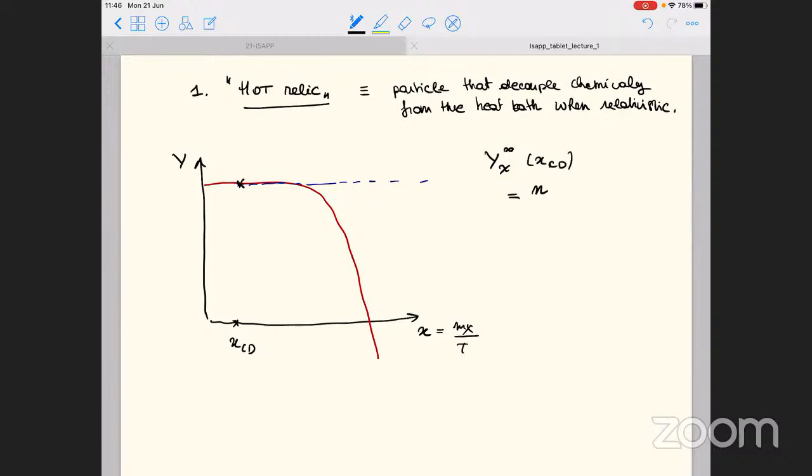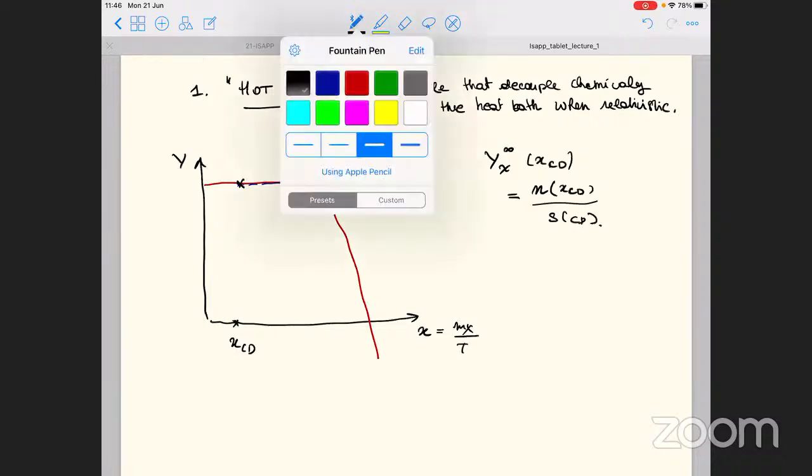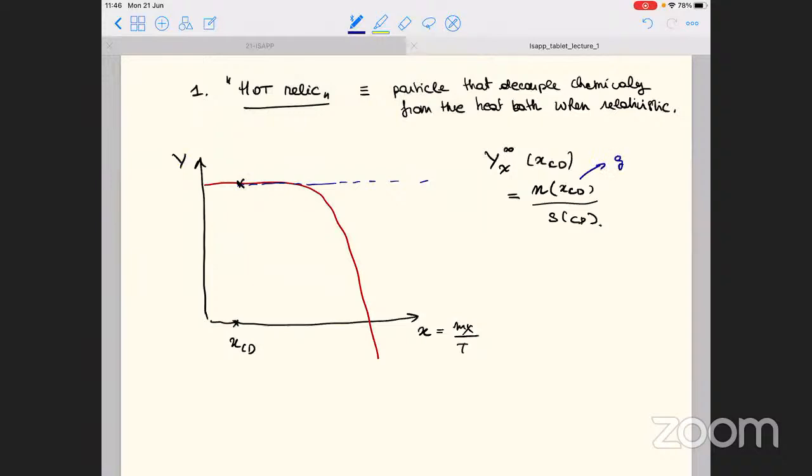This is the number density when it's chemically decoupled divided by the entropy density. Remember that the number density depends on the number of degrees of freedom of my particle, and the entropy density is nothing but temperature cubed times the number of relativistic degrees of freedom that contribute to the entropy density.